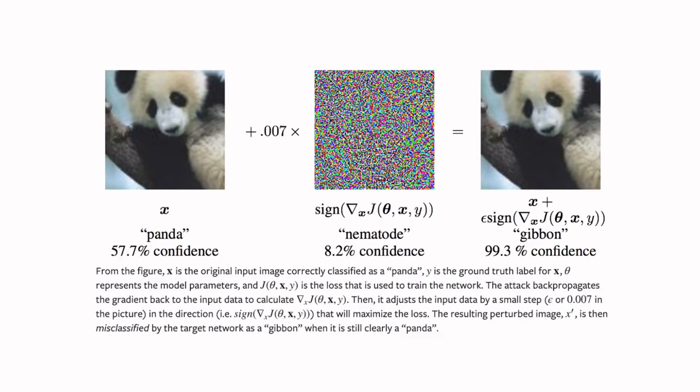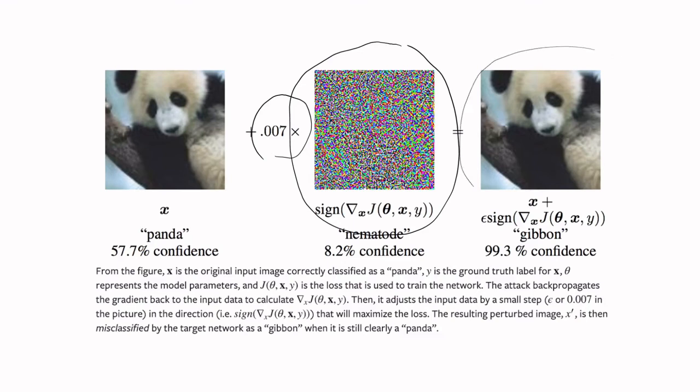Suppose we disturb this image, or we add to this image a noise pattern which is derived through gradient search for loss maximization, and that noise pattern looks like this. And if we add that to the panda image with a weight of 0.007, we get a new image that looks like this.